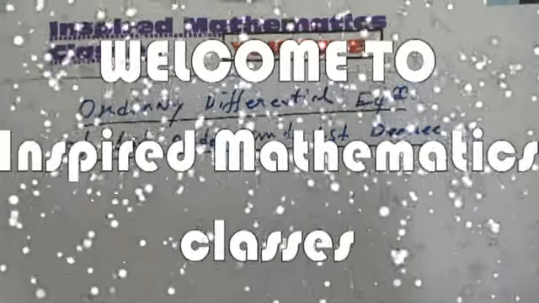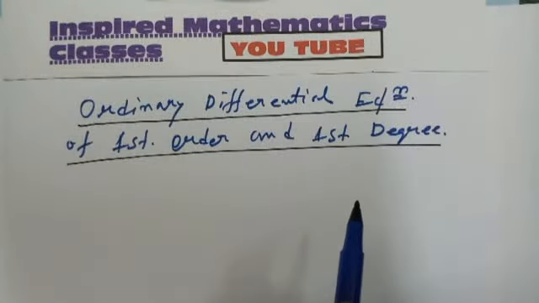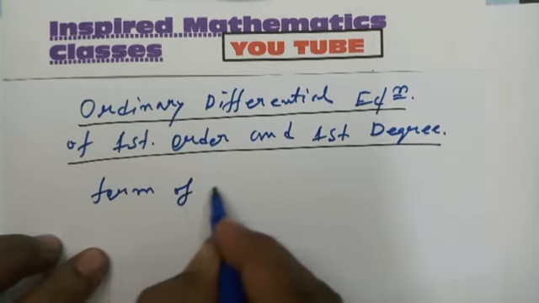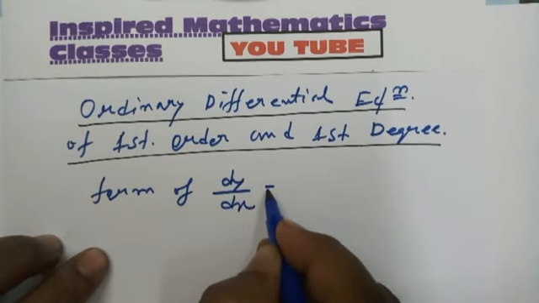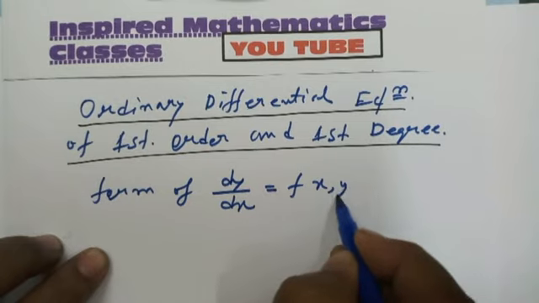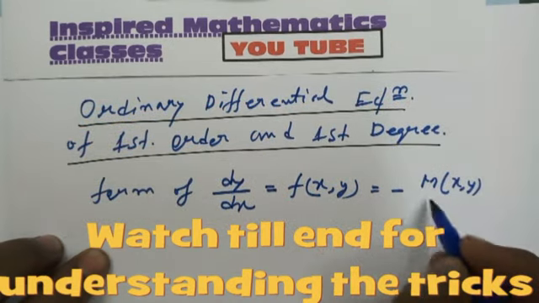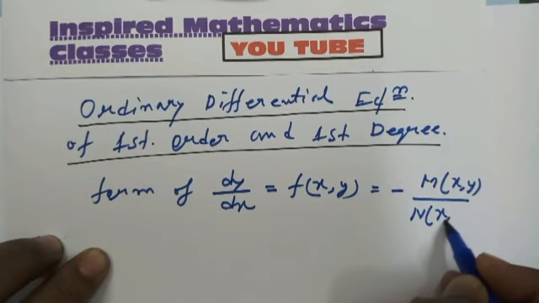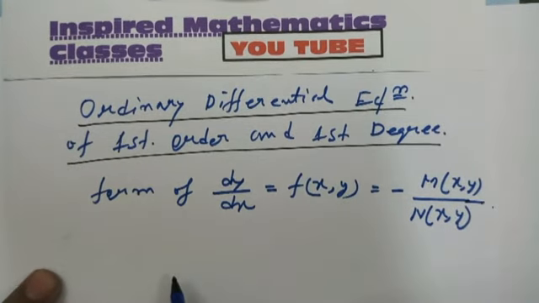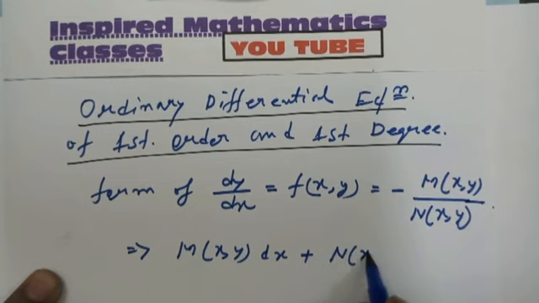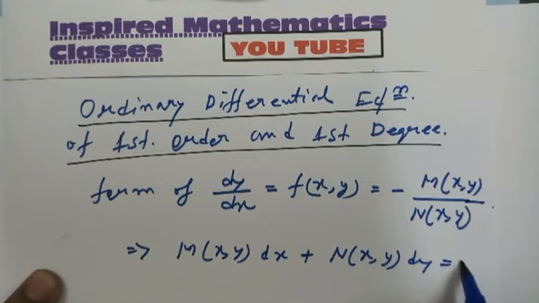Now I am going to teach you ordinary differential equations of first order and first degree in the form dy/dx equals a function of x and y, which can be expressed in the form M(x,y)/N(x,y). This implies M(x,y) dx plus N(x,y) dy equals 0.